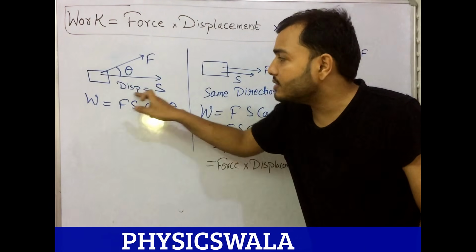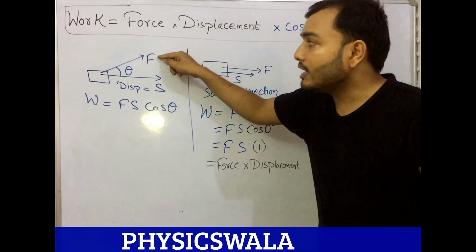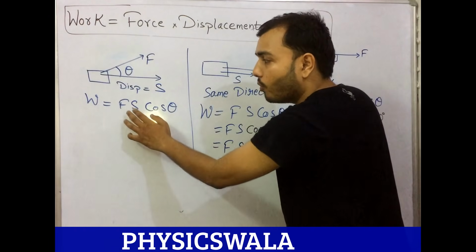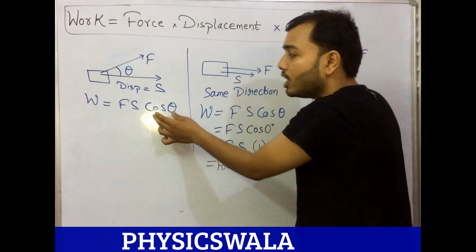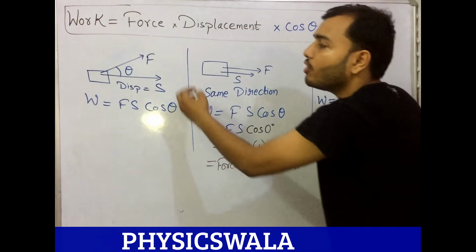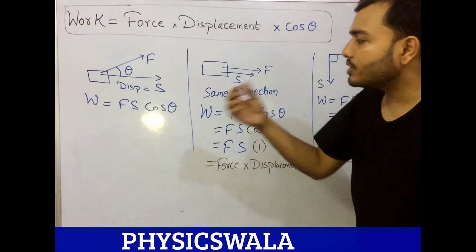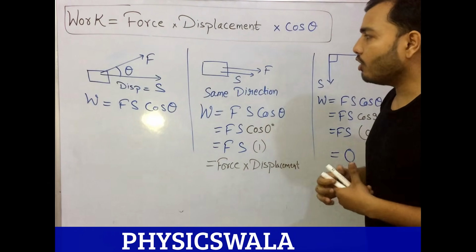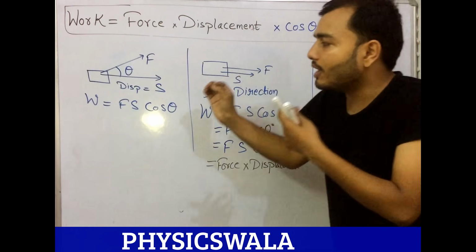And the angle between displacement and force is theta. Then work done is force into displacement into cos of this theta. What is cos of theta? It is some mathematical ratio. Okay. How will you calculate it? I'll give you the value for it.